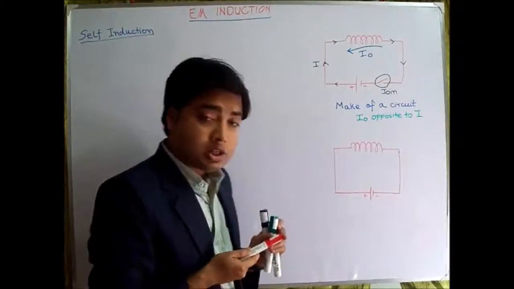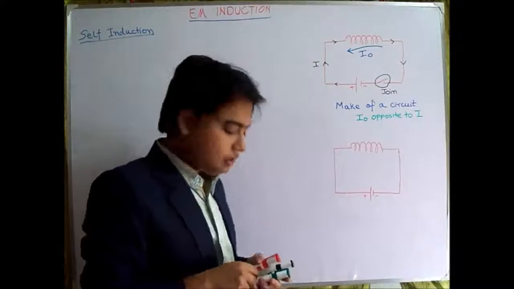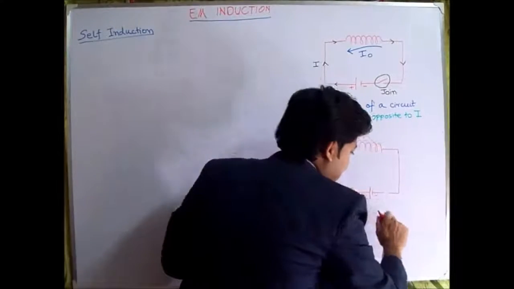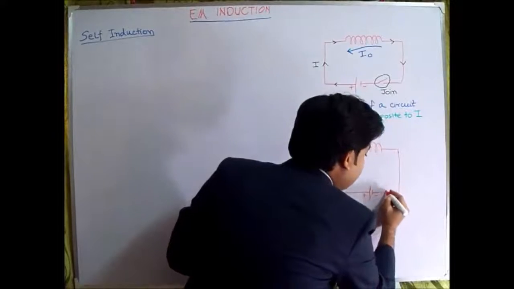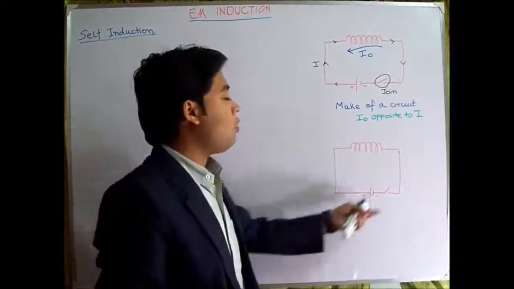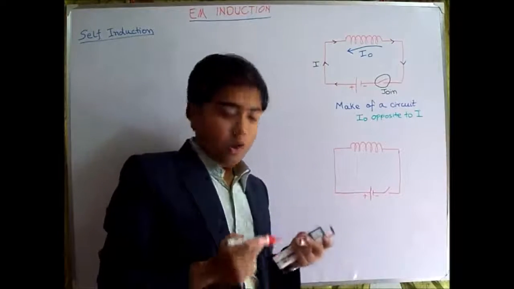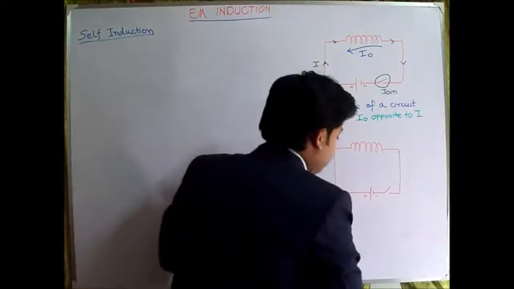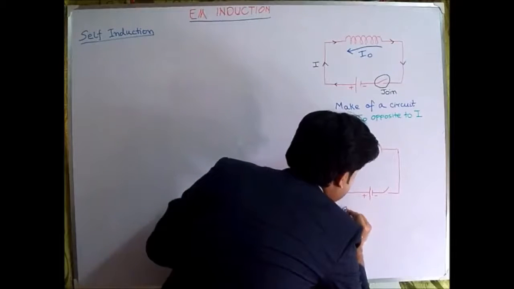The current was flowing, and suddenly we break the circuit, or the key is now open. So this is the scenario of the break of a circuit.